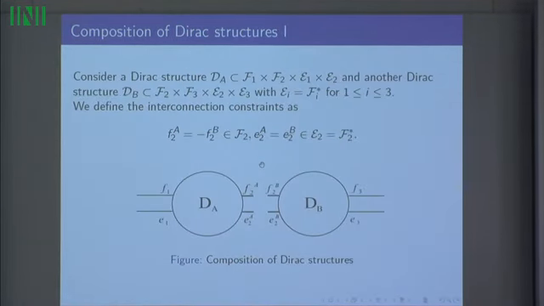And the nice thing about Dirac structures is that if we connect them in a smart way, we get another Dirac structure. The way to do that is we need a common space of shared variables, called shared flows and efforts, and we assign the flow of one as the negative of the flow of the other. So if it's incoming to one, it should be outgoing to the other.